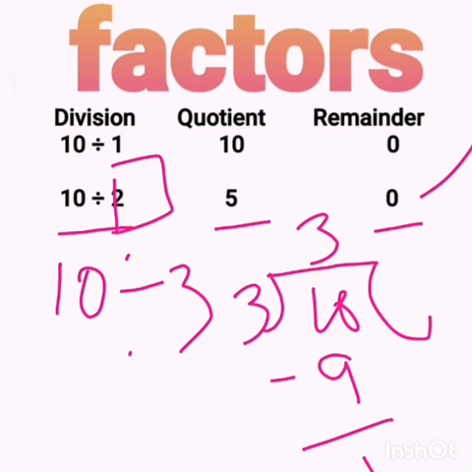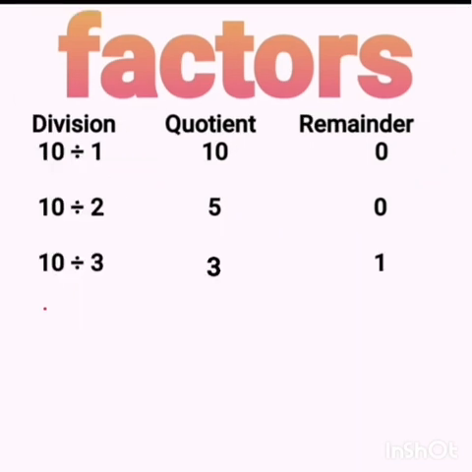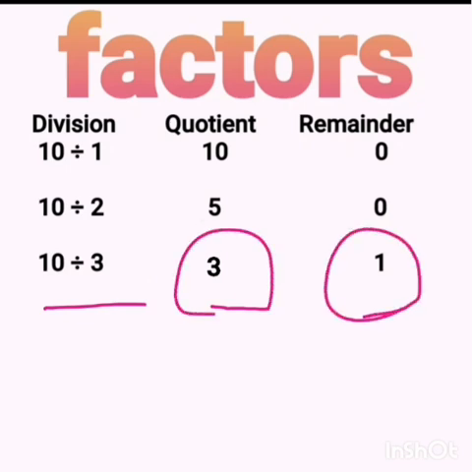So the quotient is 3 and the remainder is 1. So 10 divided by 3 gives me quotient 3 and remainder 1. Now since I am getting a remainder which is not 0, that means 3 is not a factor of 10. So 3 is not a factor of 10.